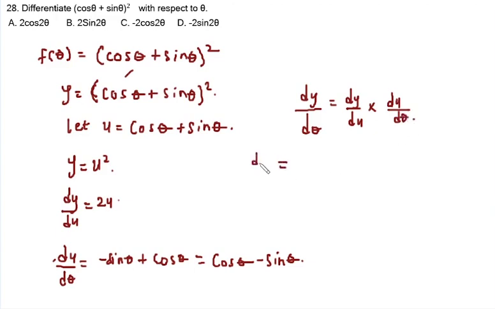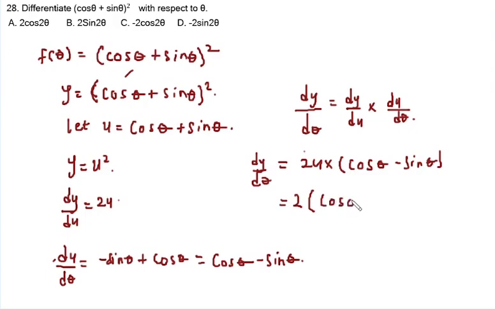So dy over d theta equals 2u times (cos theta minus sine theta). Plugging u back in, we have 2 times (cos theta plus sine theta) times (cos theta minus sine theta).